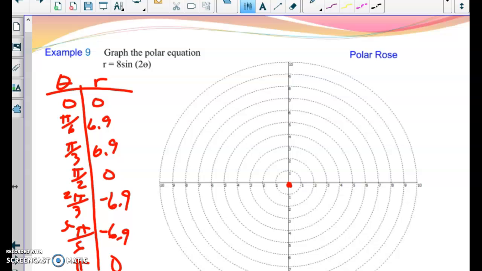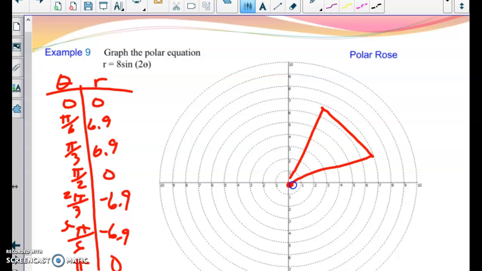This one's kind of interesting. When I found a bunch of points, I get stuff that looks kind of like this. And then I did pi over 3, which is out here, and I got that. And my graph would look like this. And I'm like, that doesn't seem right.